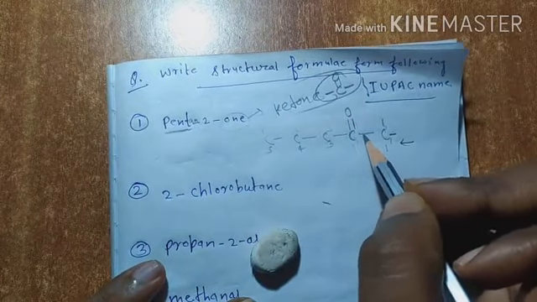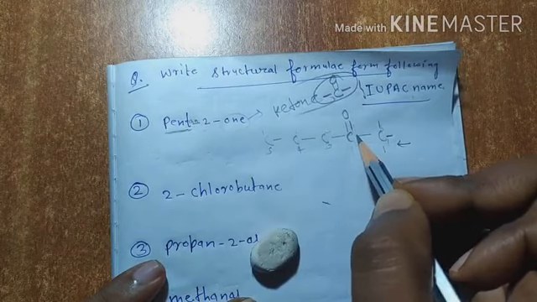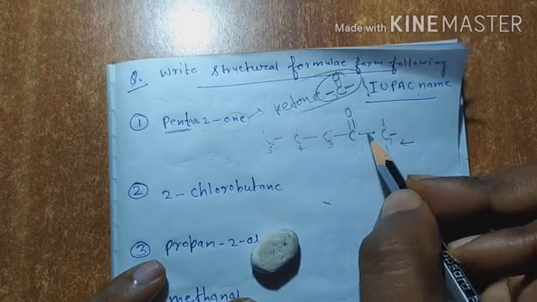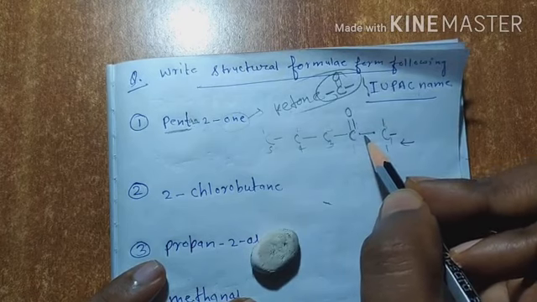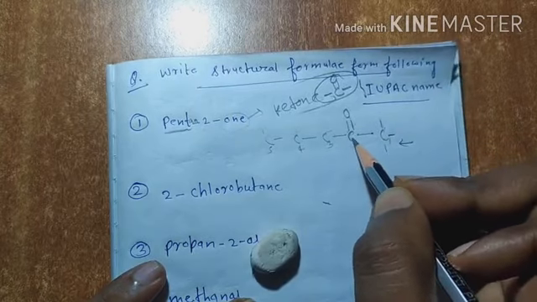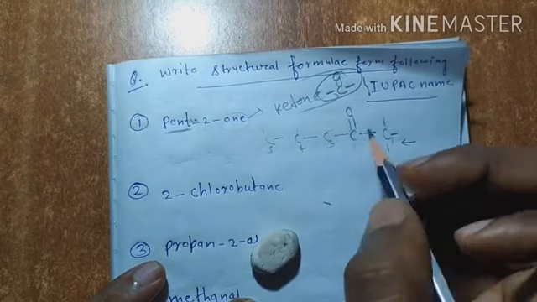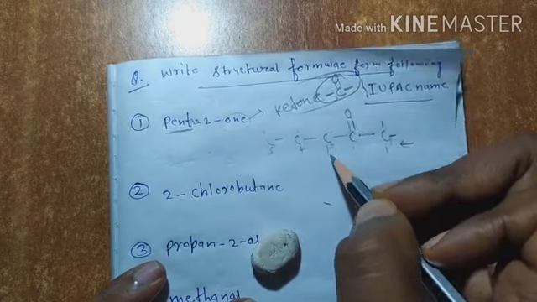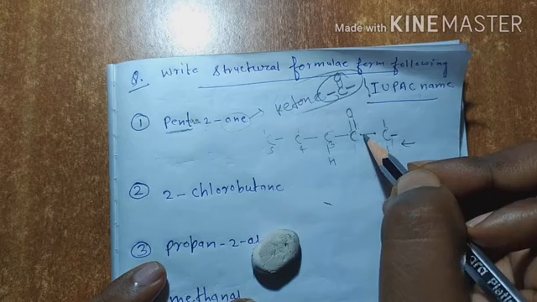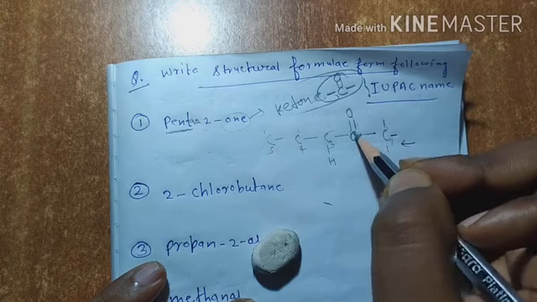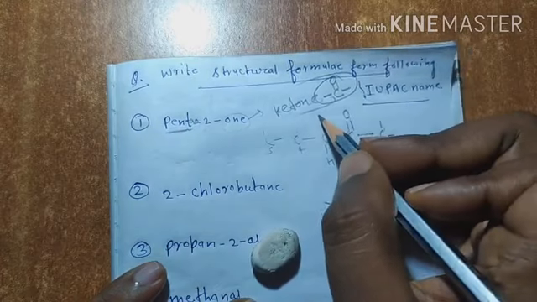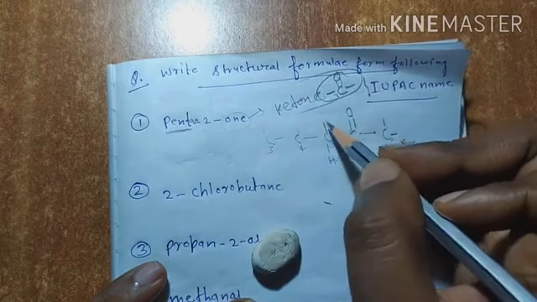In one single bond there are 2 electrons: 1, 2, 3, 4, 5, 6, 7, 8. This is stable. So we cannot put hydrogen here, because carbon forms tetravalent bonds. Tetravalent means around the carbon atom there will be 4 single bonds in total.